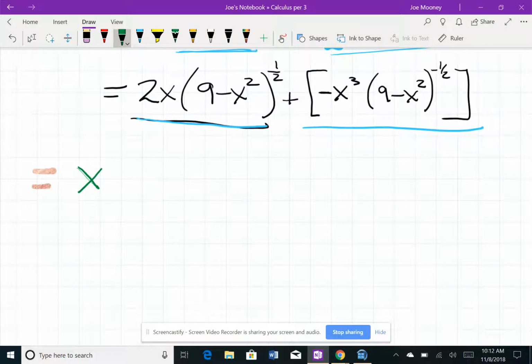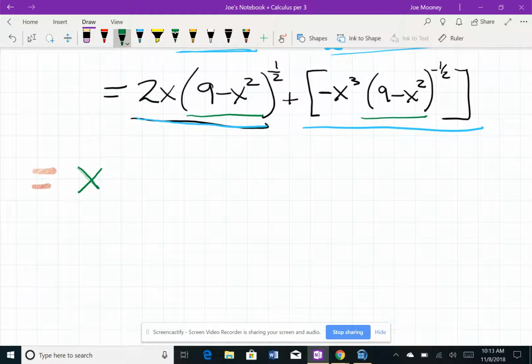And now I'm going to pull out the least common of a base raised to the power. Look, my base is 9 minus x squared. My base is 9 minus x squared. Those are common bases. One of them's to a power of 1/2. One of them's to the power of negative 1/2.